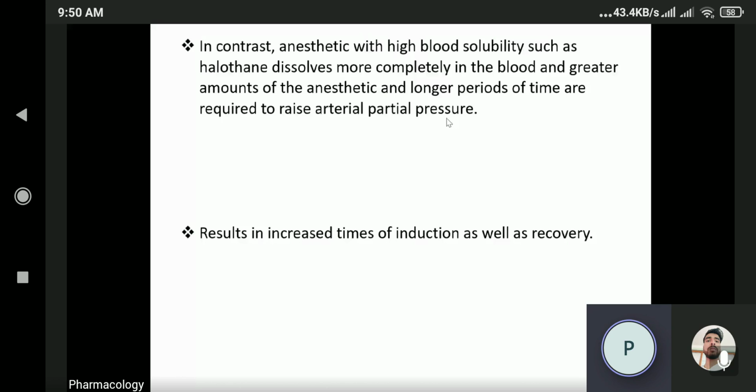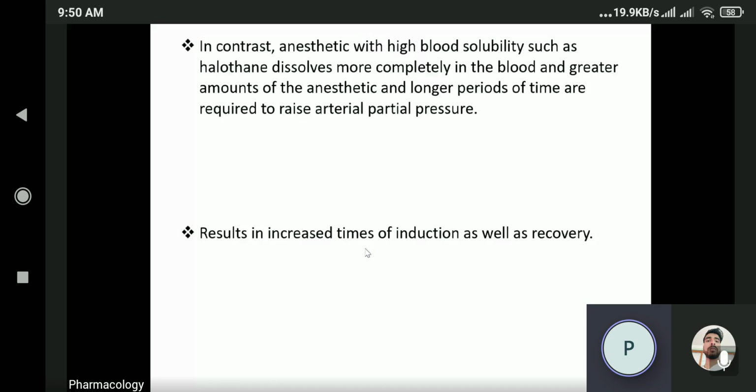That is the opposite for the drugs which have a lesser blood gas coefficient, like nitrous oxide, which will show a faster onset of action as well as recovery.